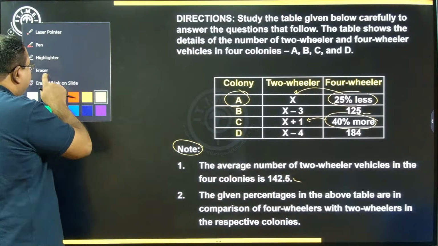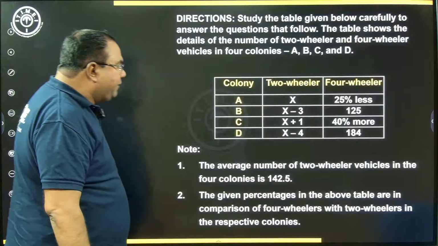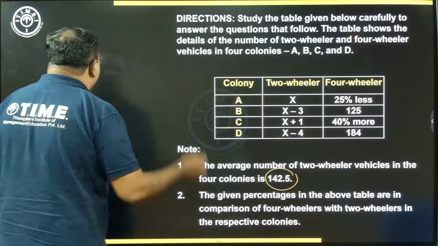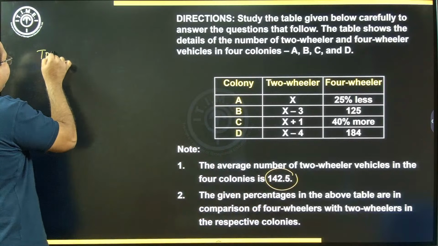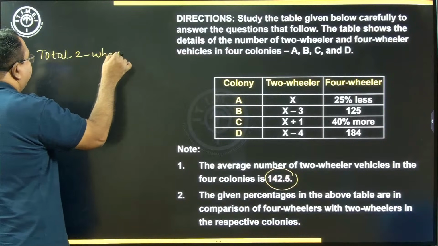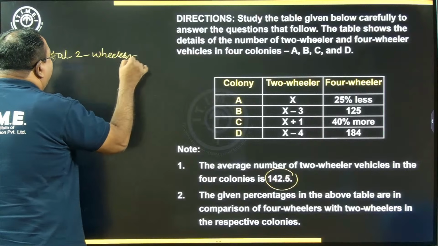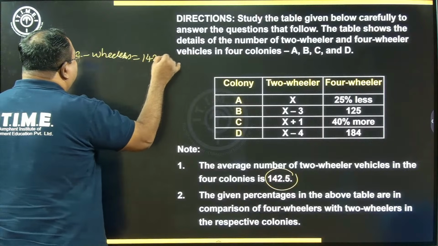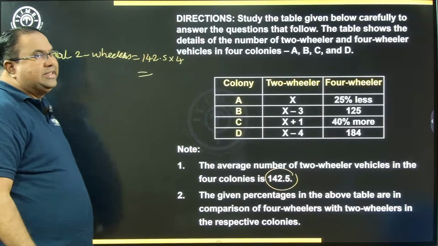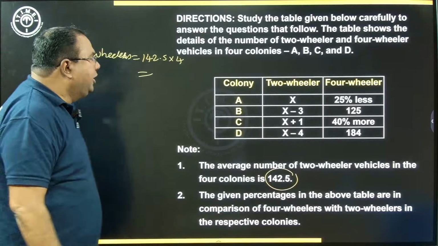Now, average number of two-wheeler vehicles in 4 colonies is 142.5. So total two-wheelers: 142.5, there are 4 colonies. 140 into 4 is 560, 2.5 into 4 is 10.